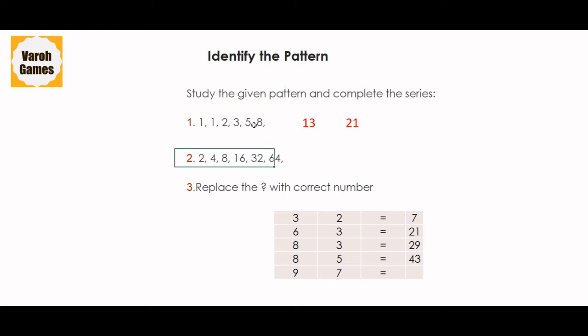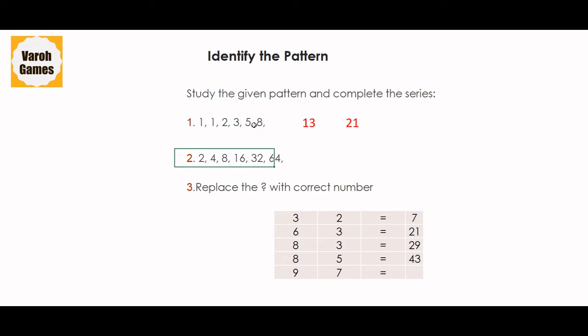Let's go to our next one. Over here what do we have? 2, 4, 8, 16, 32, 64. Who over here knows the multiplication table of 2? Everyone, isn't it? So 2 into 2, 4, 4 into 2, 8, 8 into 2, 16, 16 into 2, 32, 32 into 2, 64.